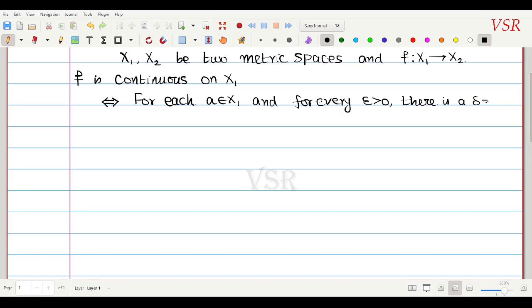This value delta depends upon உங்களுடைய a, உங்களுடைய epsilon.